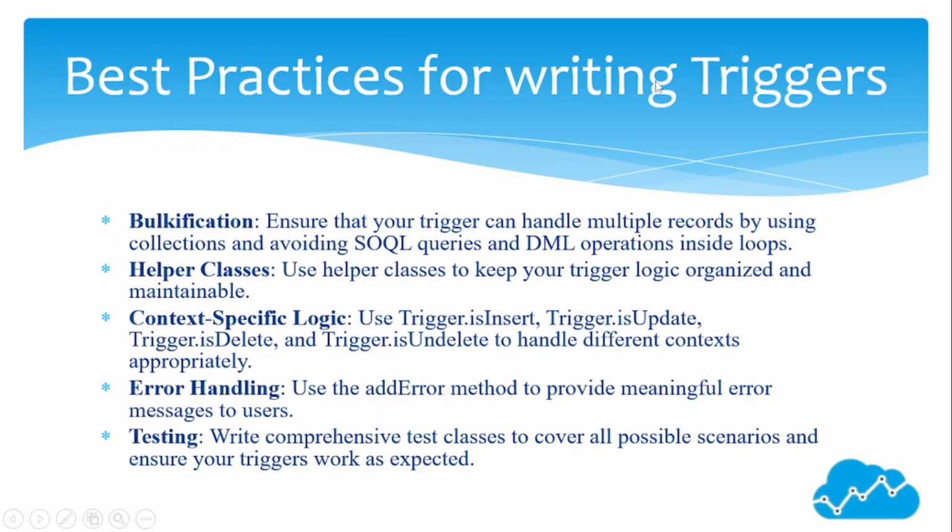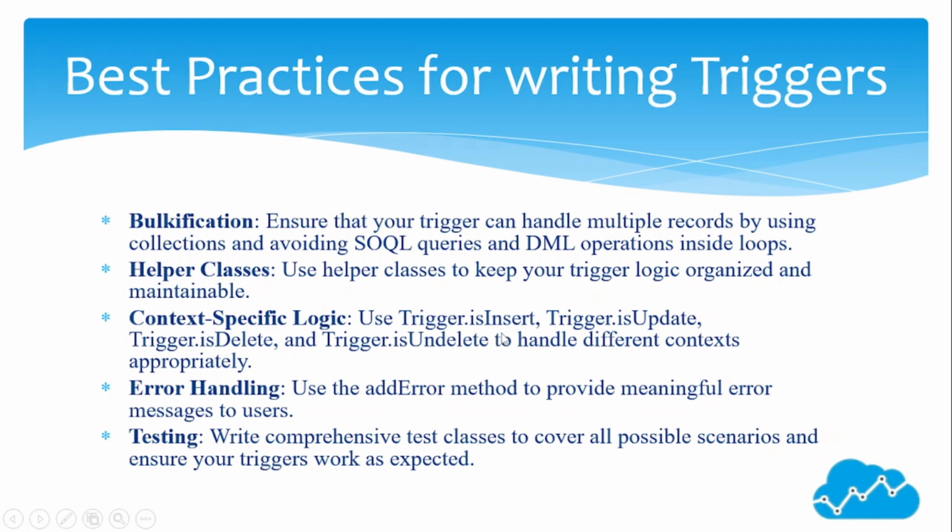Best practices for writing triggers. Bulkification. Ensure that your trigger can handle multiple records by using collections and avoiding SOQL queries and DML operations inside a loop. Helper classes. Use helper classes to keep your trigger logic organized and maintainable. Context specific logic.